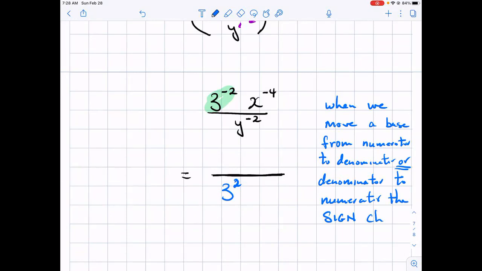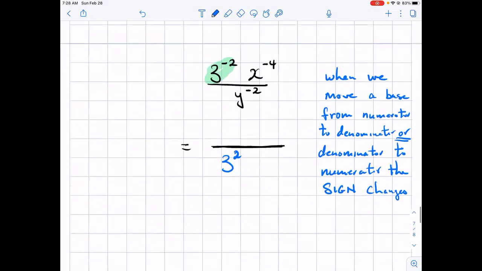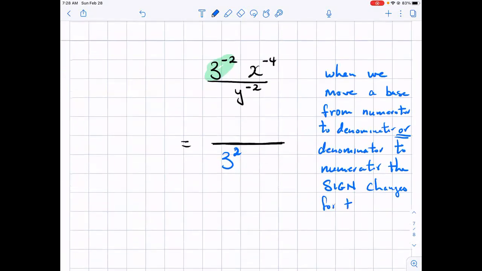The sign of the power changes. Let's write that neat.